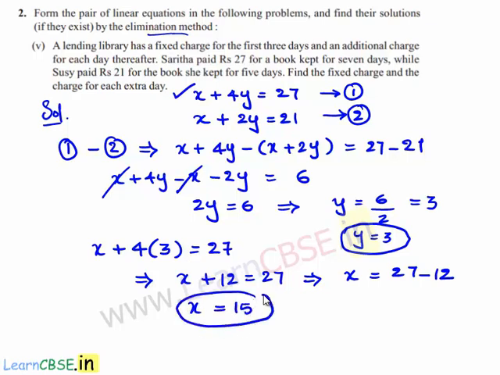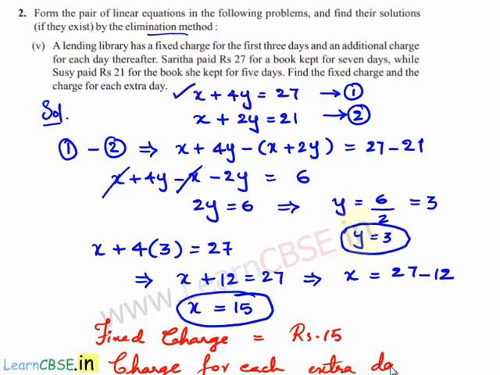So the value of x is 15. x is nothing but the fixed charge and y is nothing but the charge for each extra day. Therefore, the fixed charge is equal to 15 rupees and the charge for each extra day is equal to 3 rupees.